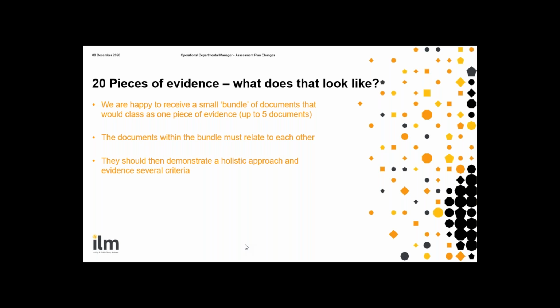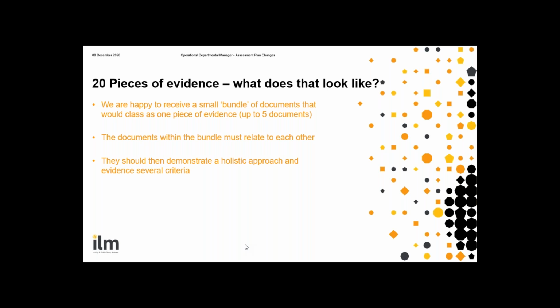So chairing a team meeting could incorporate certainly communication skills, managing people, leading people, maybe some aspects of project management as well. So use that piece of evidence multiple times.